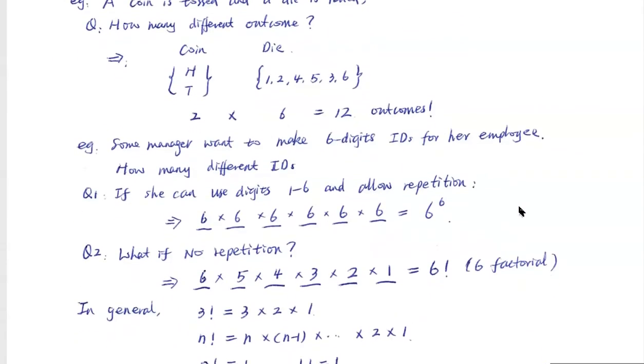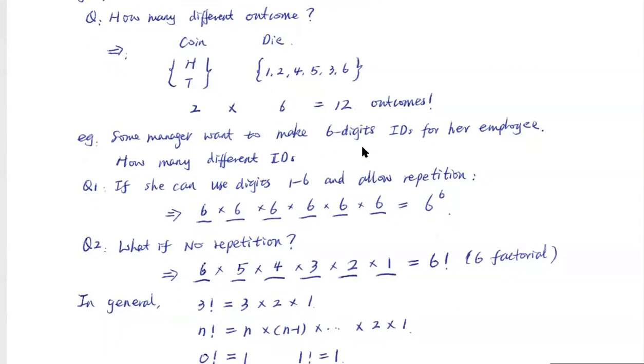Now, let's use more examples to help us understand it better. Some manager wants to make a 6 digit ID for her employees. We are asking how many different IDs the manager can have, if the manager can use the digits 1, 2, 3, 4, 5, 6, and allow repetition.